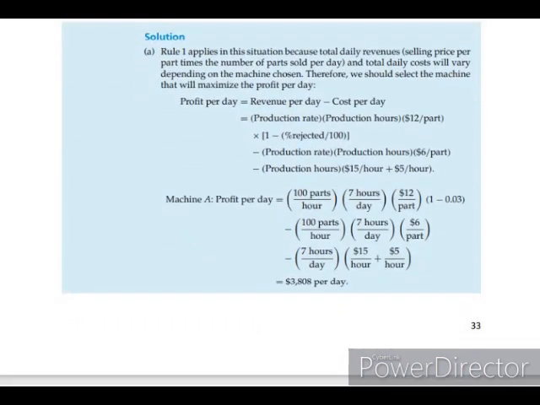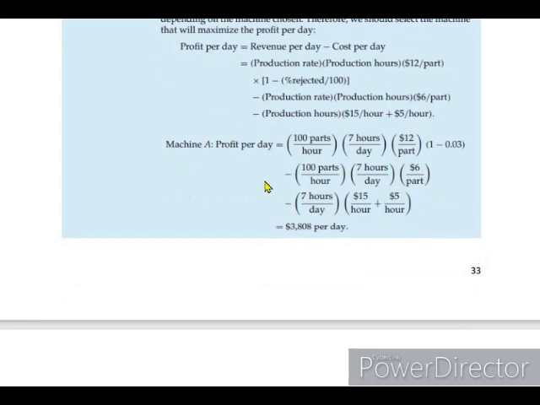So for machine A, profit per day is equal to 100 parts per hour, 7 hours per day, multiplied by $12 per part, multiplied by 1 minus 0.03, because 0.03 is the percent of reject. Then these are the costs.